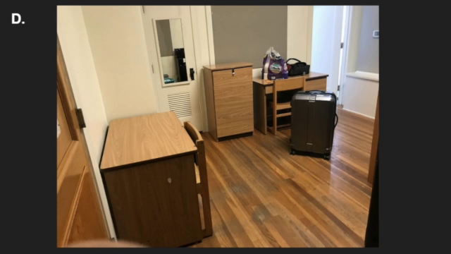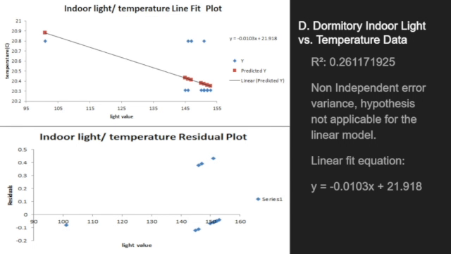So this is condition D in the undersquad. As you can see here, again, the indoor light temperature plot shows non-independent error variance. So again, it's not applicable for the hypothesis.